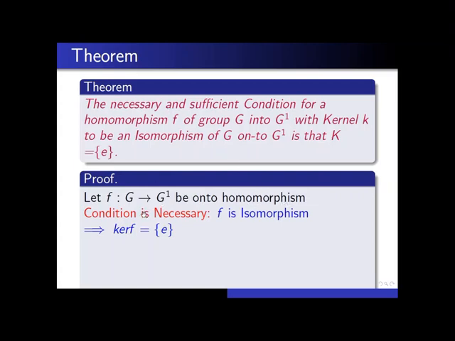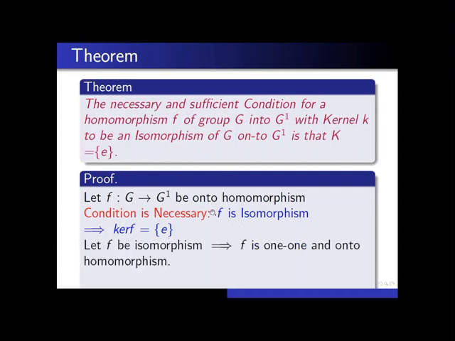Now let us see the necessary condition. So the necessary condition is: let f be an isomorphism and prove that kernel is equal to E. Isomorphism means f is 1-1 and onto homomorphism.